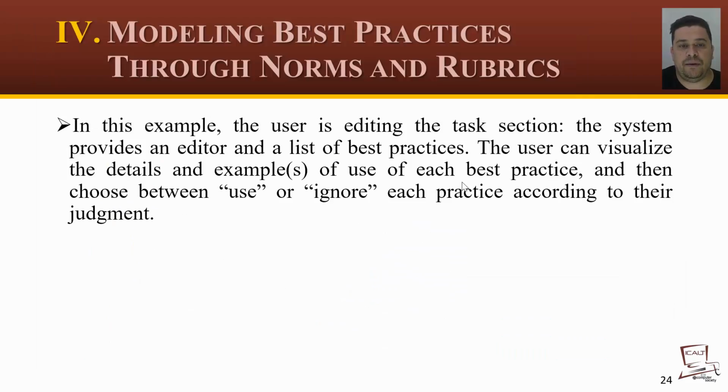In this example, the user is editing the text sections, and the system provides an editor and a list of best practices. The user can visualize the details and examples of use of each best practice and then choose between using or ignoring each practice according to their judgment.